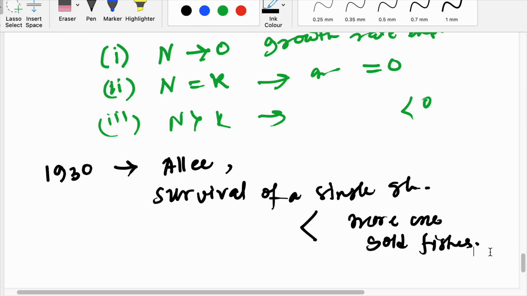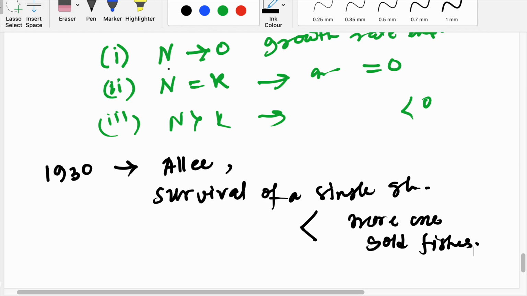He found that the survival of a single goldfish is always lesser than when there are more goldfish in a jar. So this somehow contradicts our assumption, because here we assume that as N increases, the competition for the resource increases, they get less resource, and that's why their reproduction rate will decrease. But what Allee observed contradicts this assumption. He found that the single individual survives less.